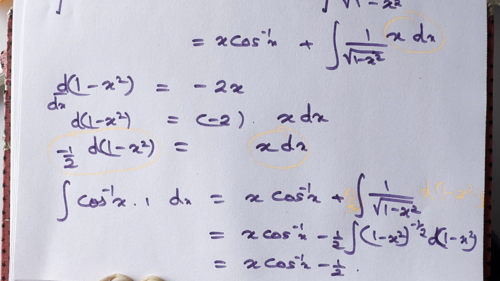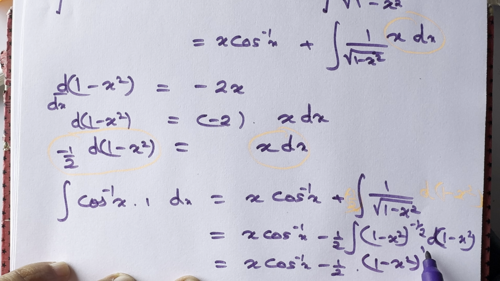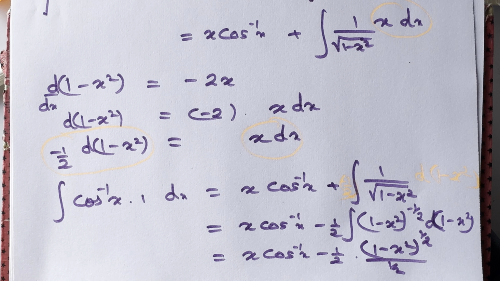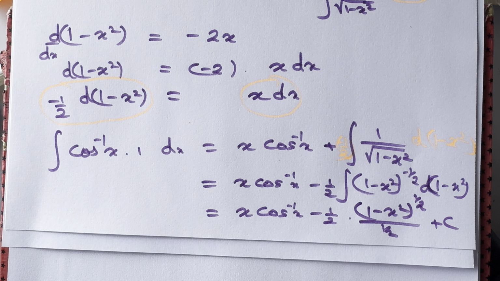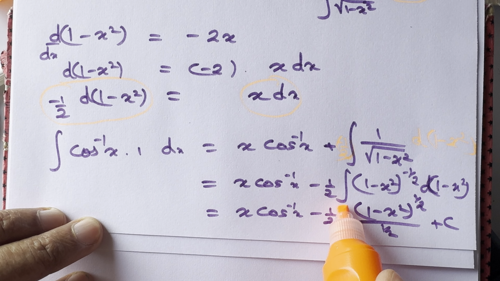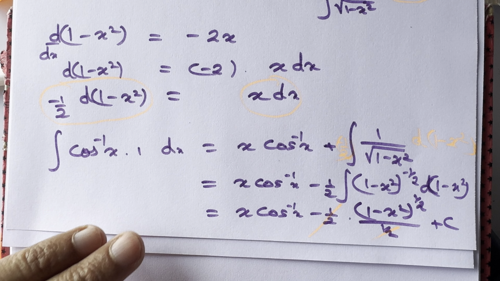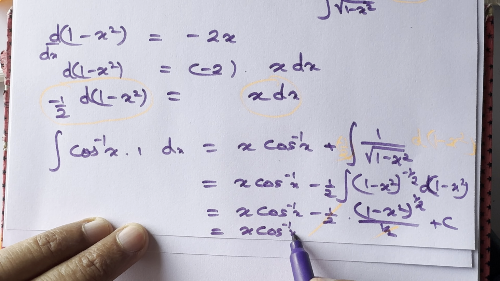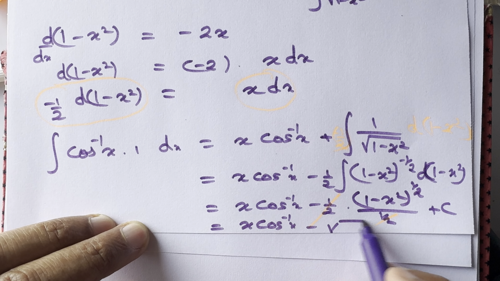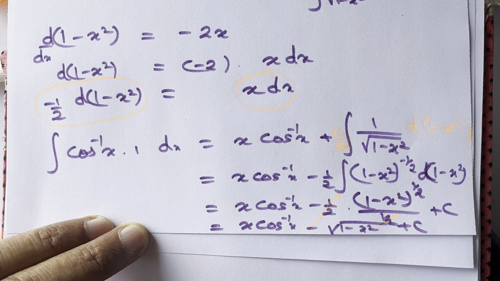Minus half plus 1 is plus half. So we get 1 minus x square to the power plus half divided by plus half, plus some constant of integration. Again, minus half and plus half cancel out, and so we get the final answer equal to x cos inverse of x minus root over 1 minus x square plus some constant of integration.